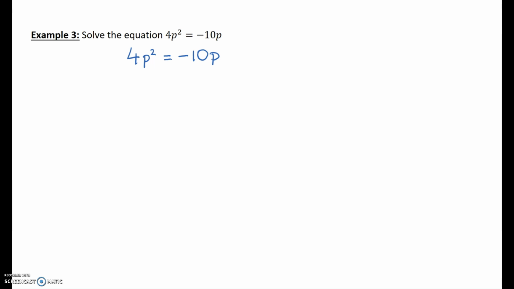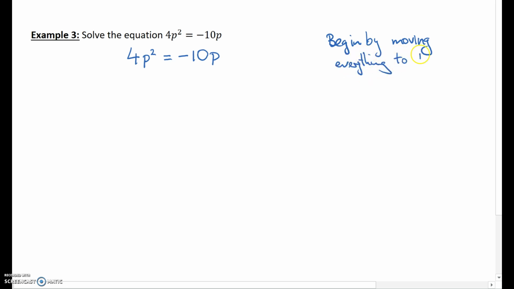And for a quadratic equation, if we want to solve it, everything needs to be on the left-hand side of the equal sign. In this case, the minus 10p is not in the right place, so begin by moving everything to the left.